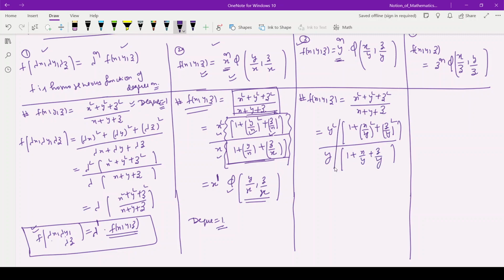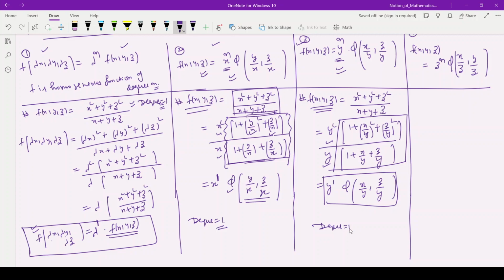If you observe, this whole function is a function of x upon y and z upon y. So it is y square upon y, that is y to the power 1, into a function of x upon y and z upon y. So again, via this property, the given function is a homogeneous function with degree equal to 1.